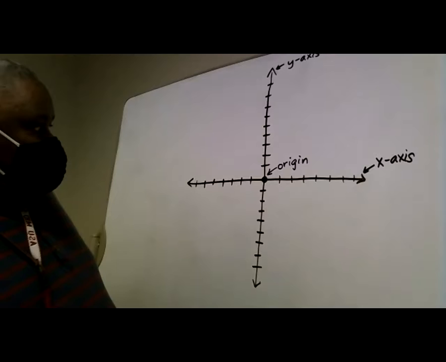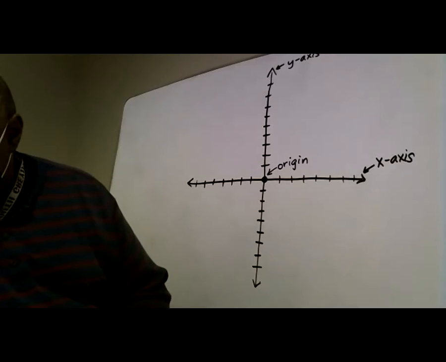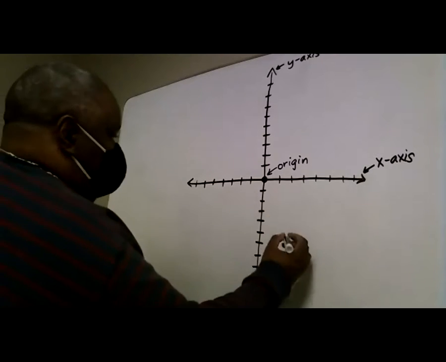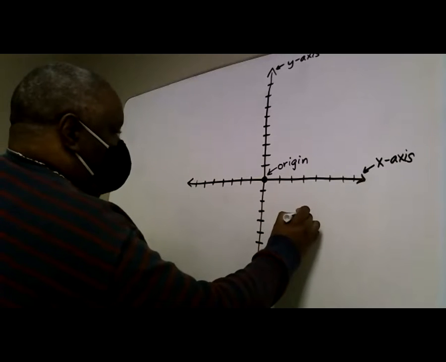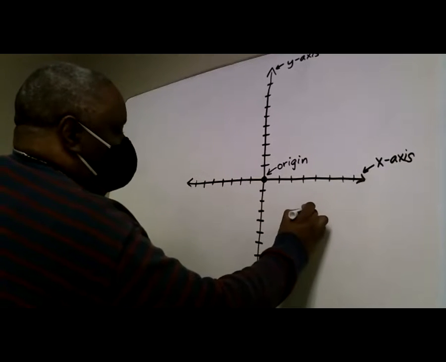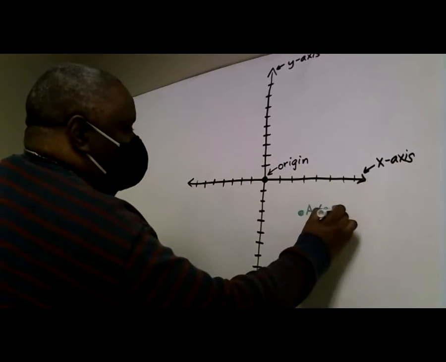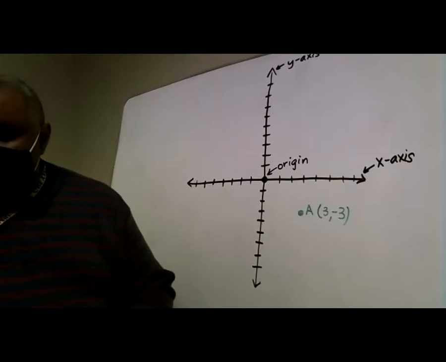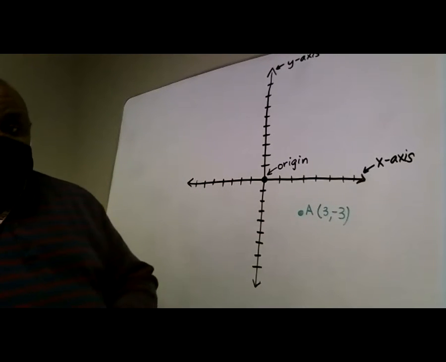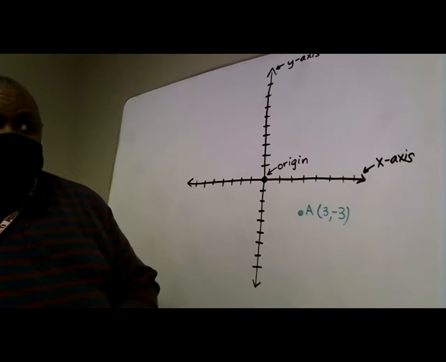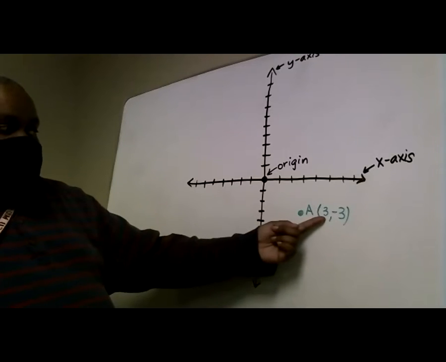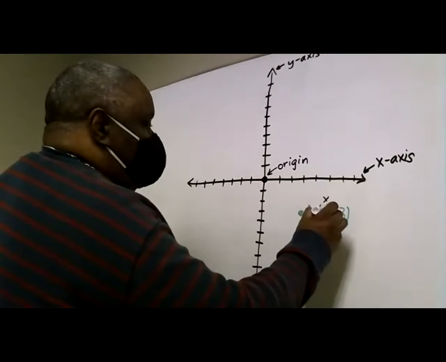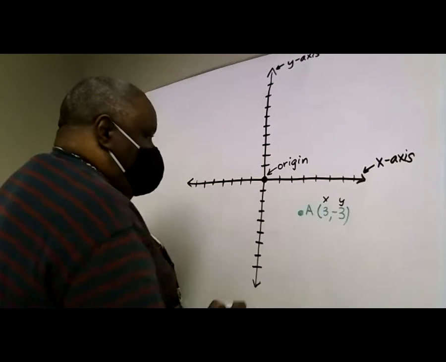So that point where A was, where we had 3, -3, that's considered to be an ordered pair. Because that 3 is the x coordinate. The -3 is the y coordinate.